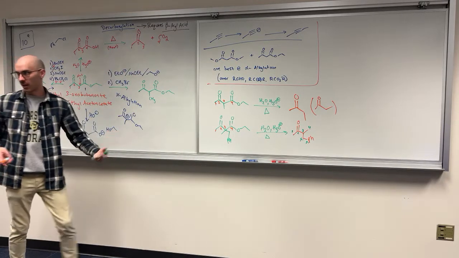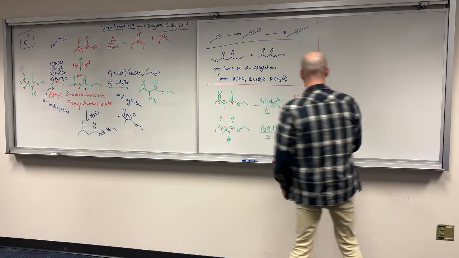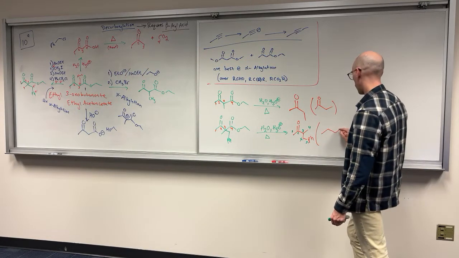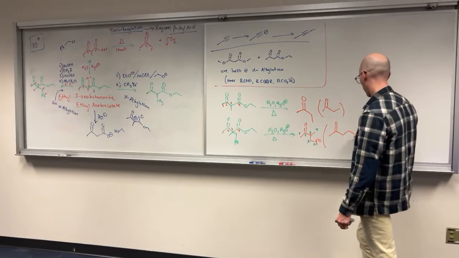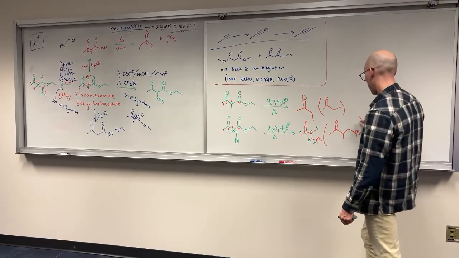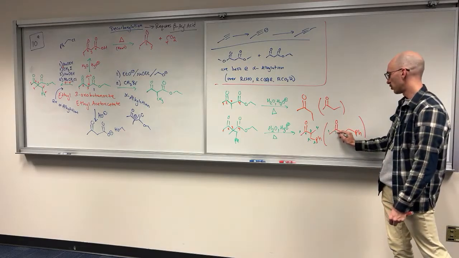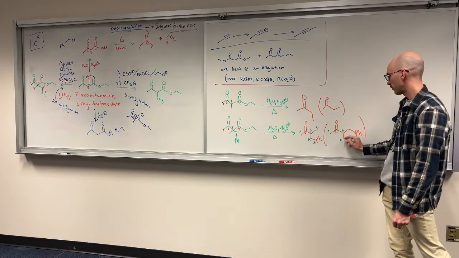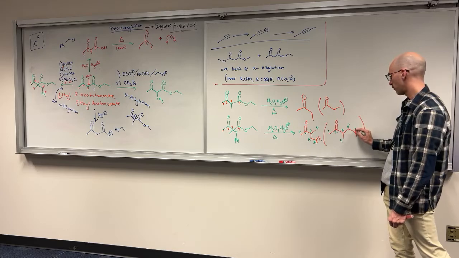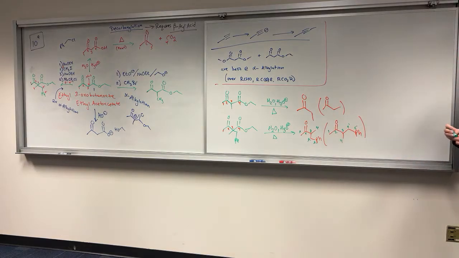That's just a confirmation. I could have also drawn this product like this. Positions 1, 2, and 3. 3 connects to 4, and 3 connects to 4 prime to 5 prime. Those are the same molecule.